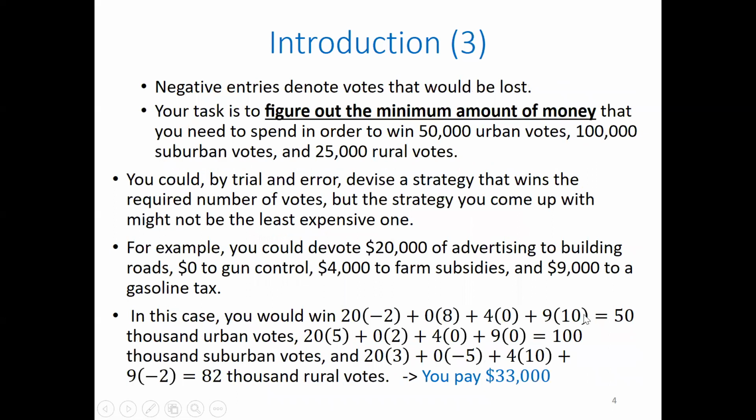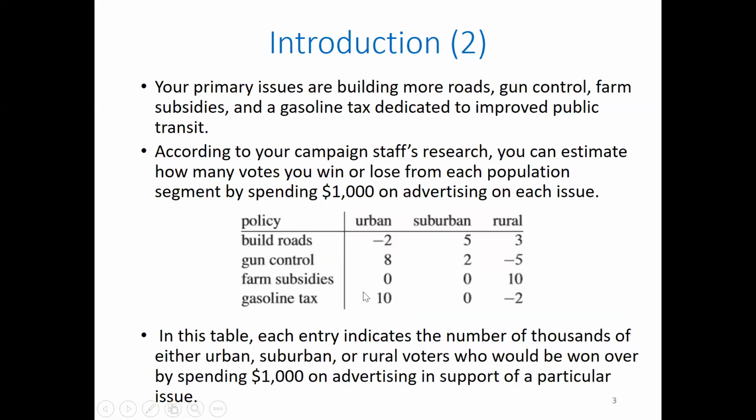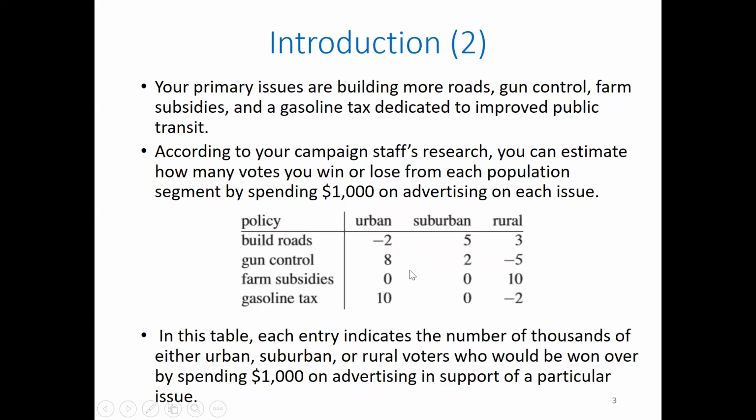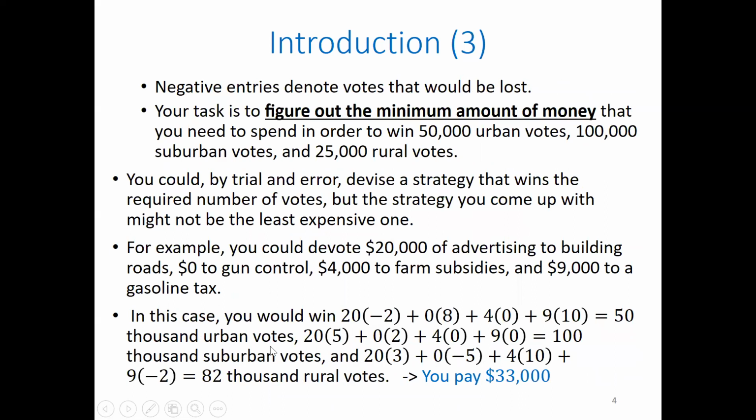And 9 times 10, which would be $9,000 into 10,000 voters. So this would be the number of votes that I would get from the urban section. I'm sorry, this would be 10,000 votes, and that's what I need, half of the urban.